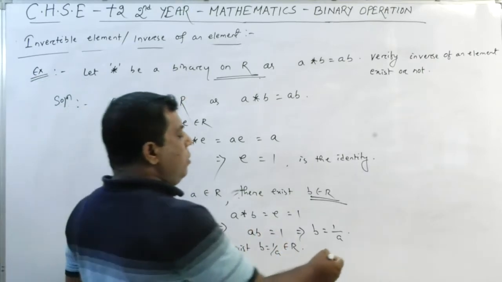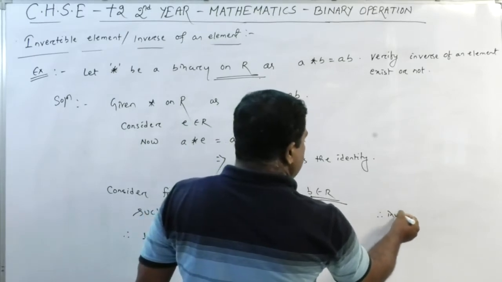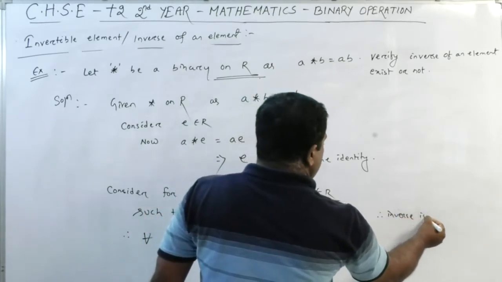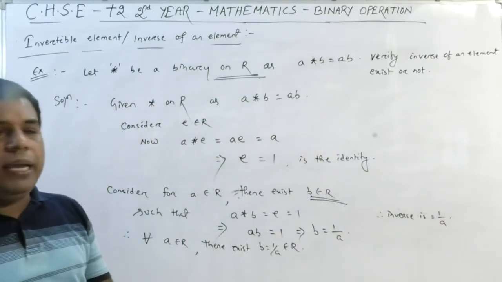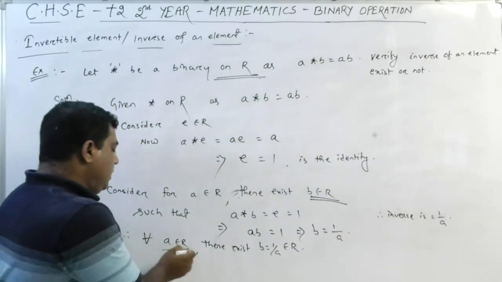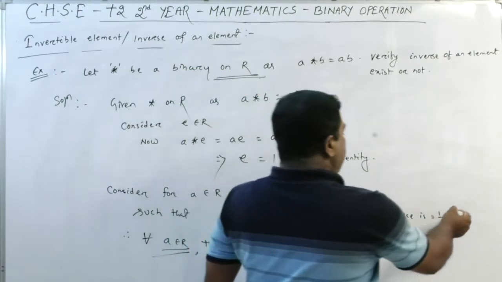Therefore, for every A, its inverse is 1 by A.